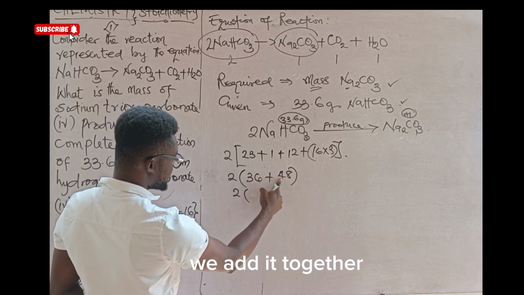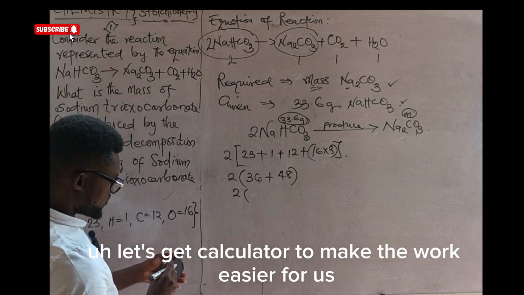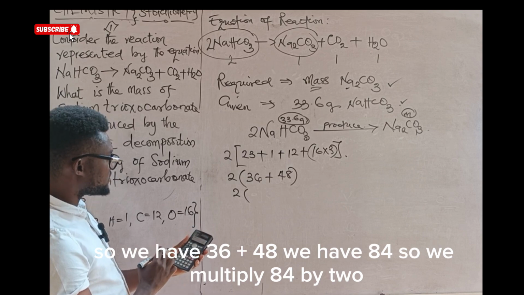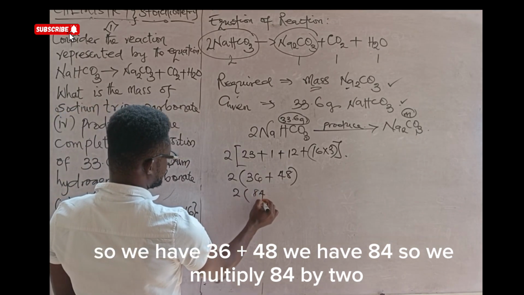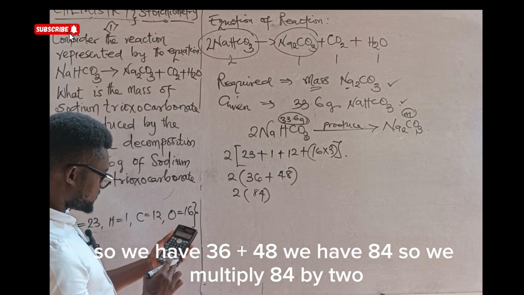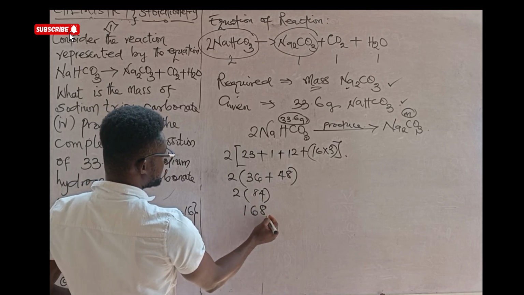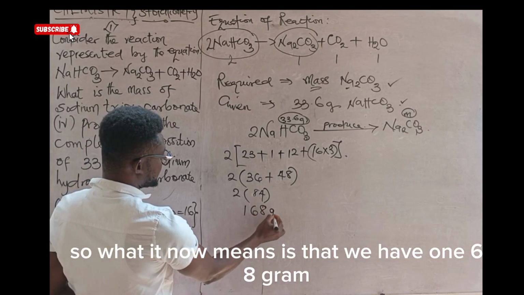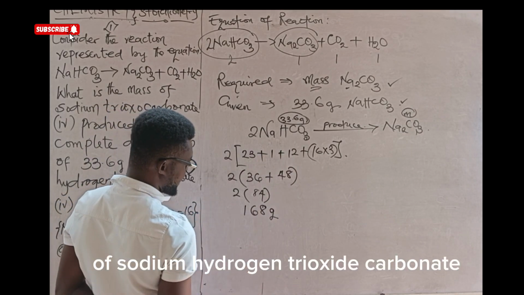We add it together. Let's get a calculator to make the work easier for us. So we have 36 plus 48, we have 84. So we multiply 84 by 2. So we have 168. So what it now means is that we have 168 grams of sodium hydrogen carbonate.